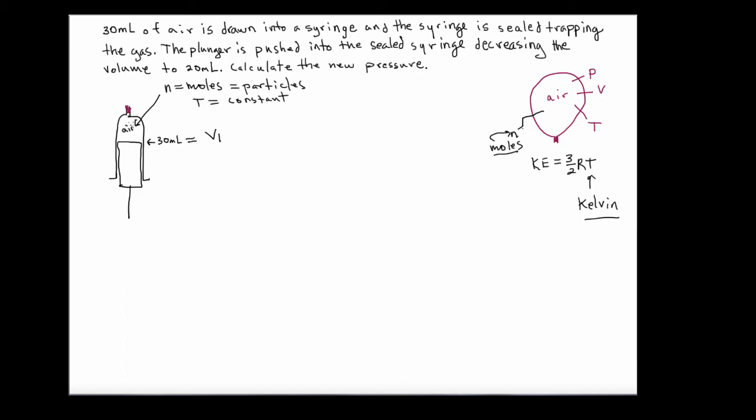Since we drew the gas into the syringe and the gas came from the room, and we sealed the syringe without manipulating the plunger up or down, then the pressure of the gas that's trapped in the syringe has to have the same pressure as the room.